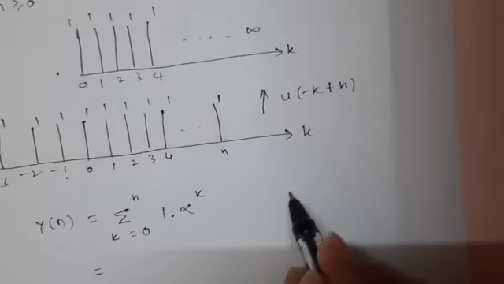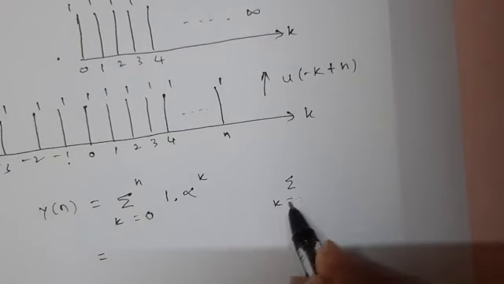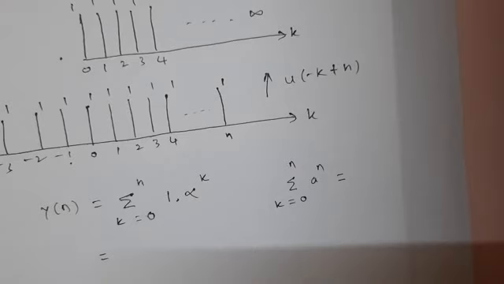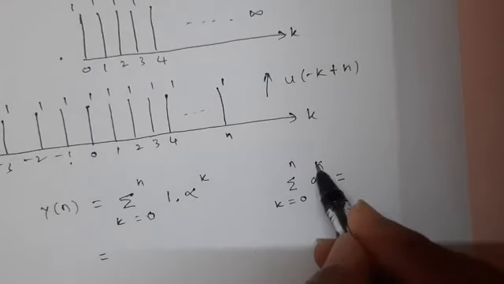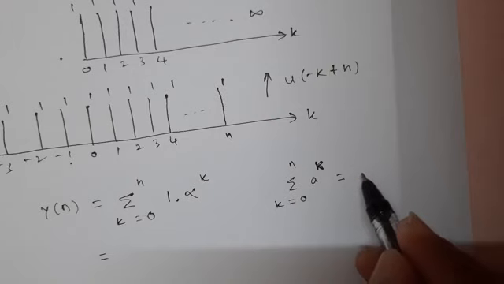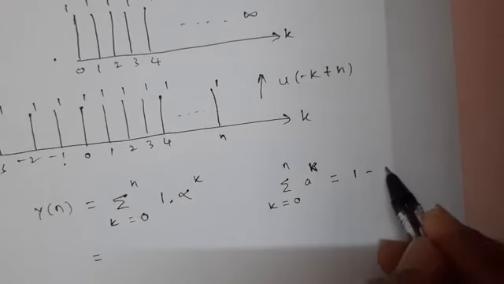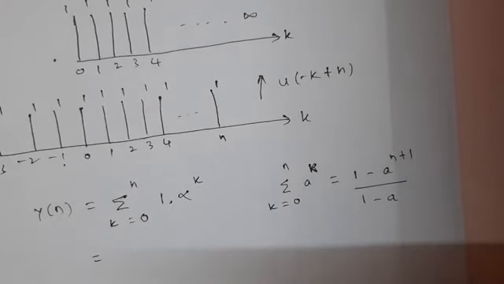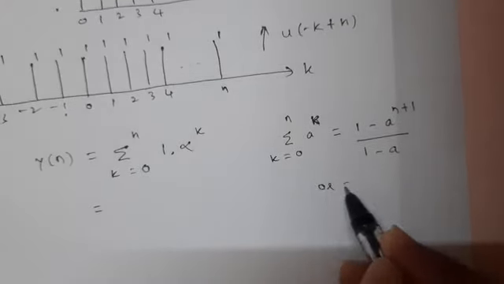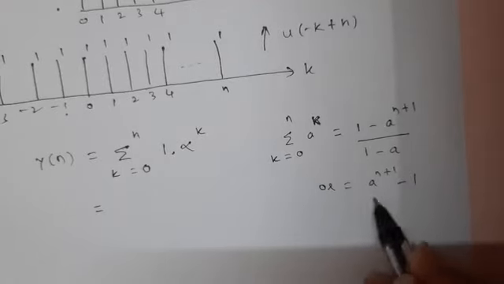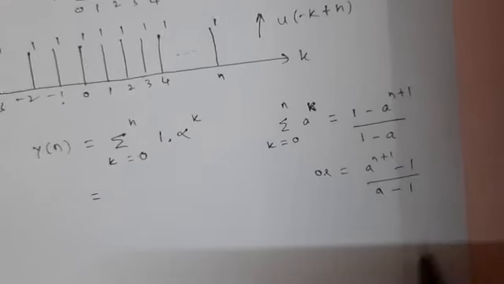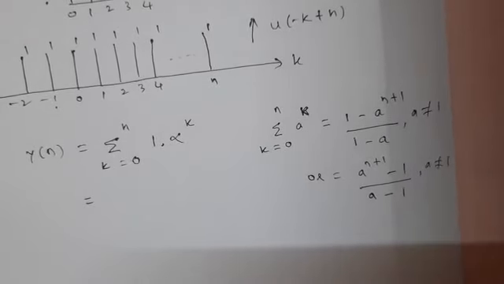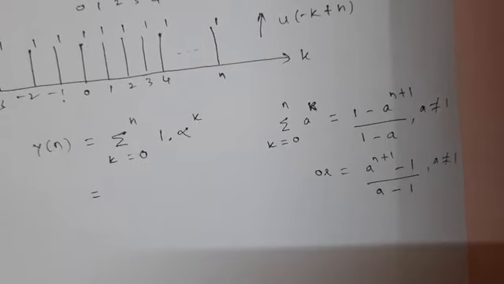The general formula for summation k equal to 0 to n of a to the power k is 1 minus a to the power n plus 1 divided by 1 minus a, or a to the power n plus 1 minus 1 divided by a minus 1, provided a is not equal to 1. Right? A should not be equal to 1.